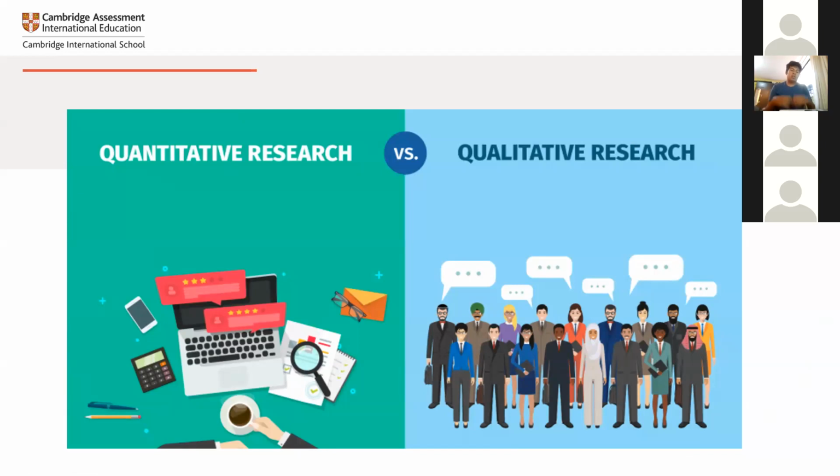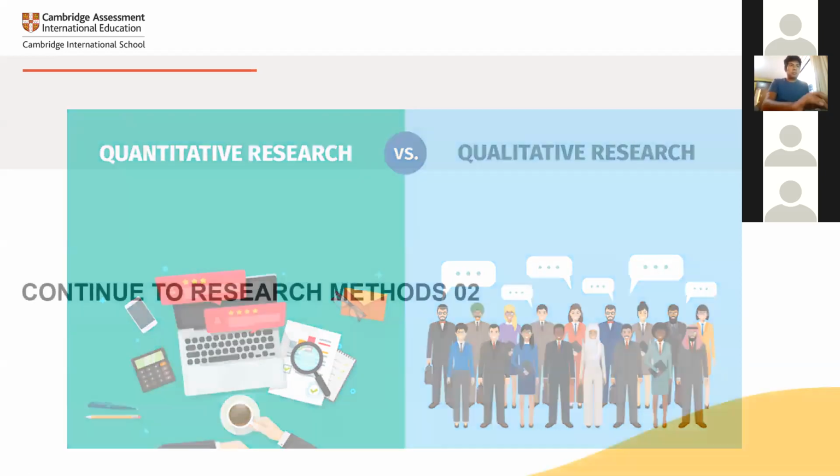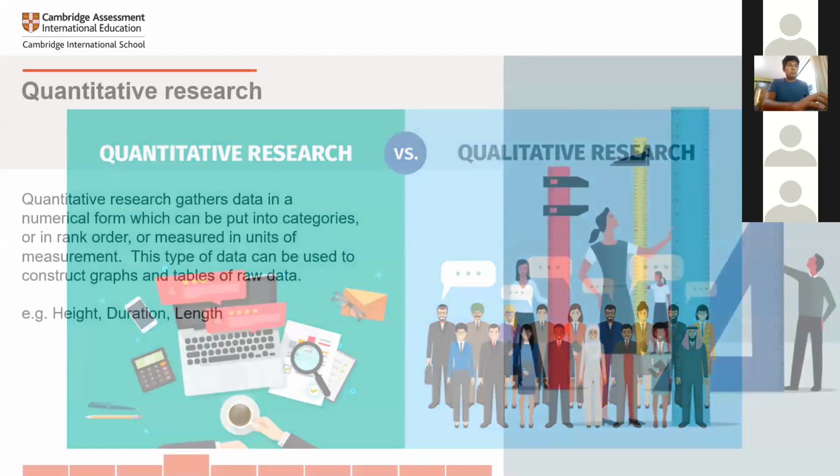You cannot graph ideas; it's nearly impossible. You can graph numbers, only numbers. So your job as a researcher is, in some cases, to turn the qualitative research into quantitative research to build graphs.